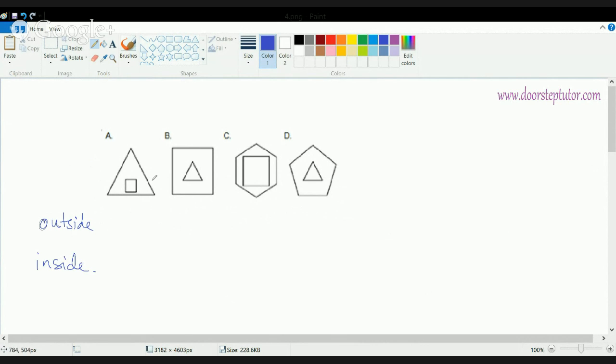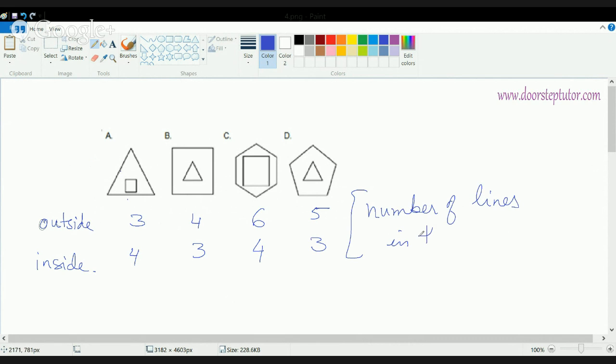Outside you have a triangle, so you have 1, 2 and 3 lines. Inside you have 4. Here outside you have 4, inside you have 3. Here outside it's a hexagon, so you have 6 lines, and inside you have a square, so 4 lines. And here you have a pentagon outside, so 5 lines, and a triangle inside, so 3 lines. So what we are counting here is the number of lines in the figure.